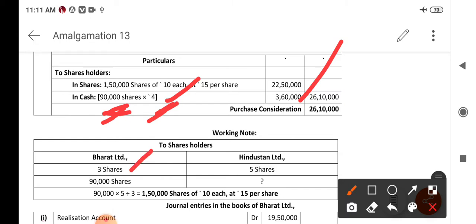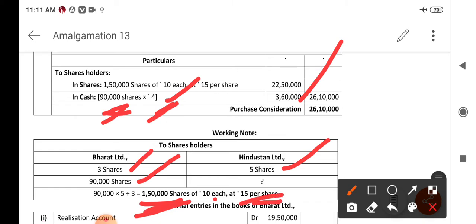And for every 3 shares in Bharat Limited, Hindustan Limited will issue 5 shares. So total number of shares possessed by Bharat Limited 90,000. So for 90,000 how much? So they will issue 1,50,000 shares of rupees 10 each at a valuation of rupees 15 per share.